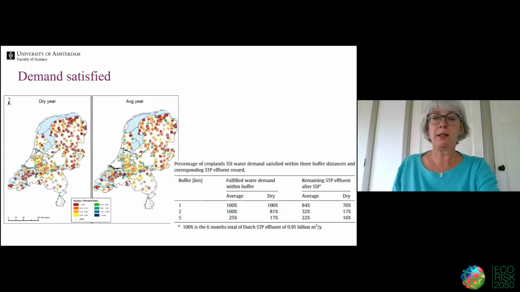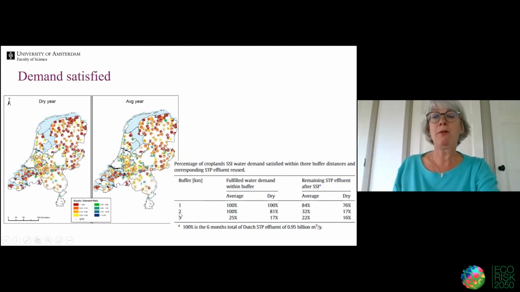We calculated this for buffers up to 5 kilometers, because of course this water then has to be transported. You can see here that in a dry year, it can satisfy up to 70% of the demand within this 5 kilometer buffer zone around the sewage treatment plant. We knew all the agricultural crops and agricultural fields here. In an average year, it can satisfy up to 25% of the demand.